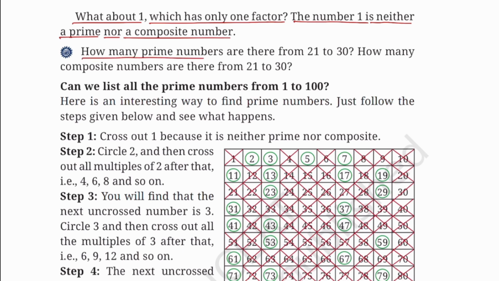How many prime numbers are there from 21 to 30? How many composite numbers are there from 21 to 30?